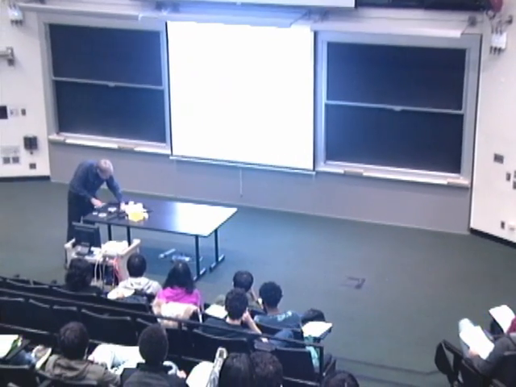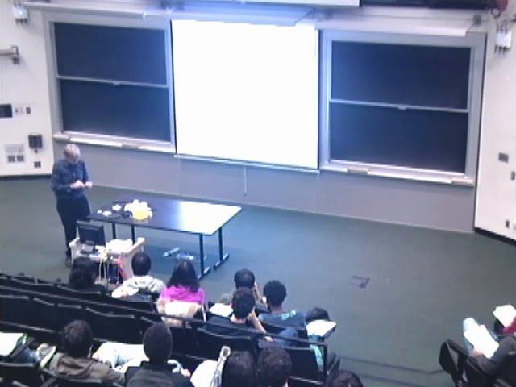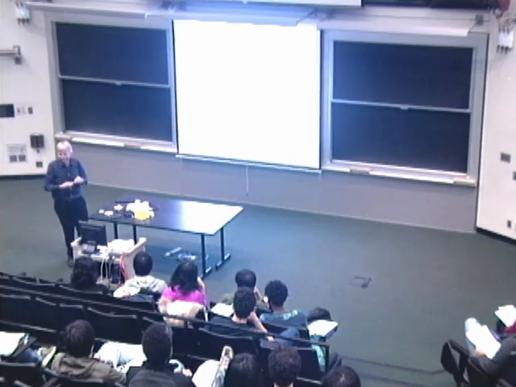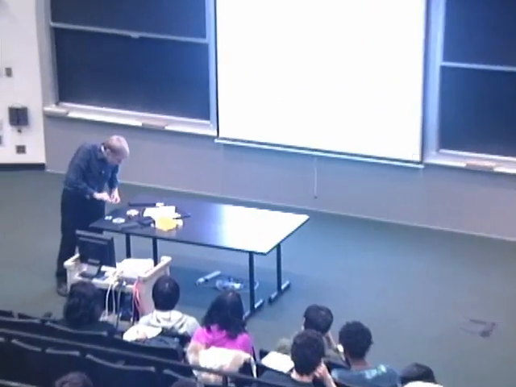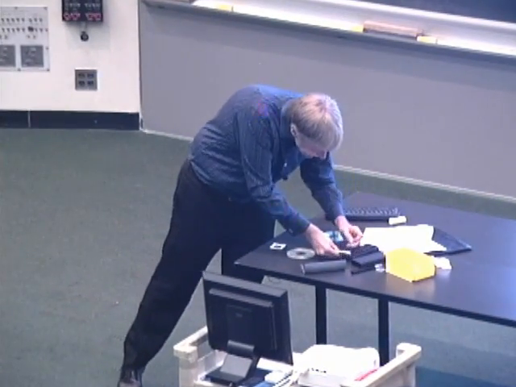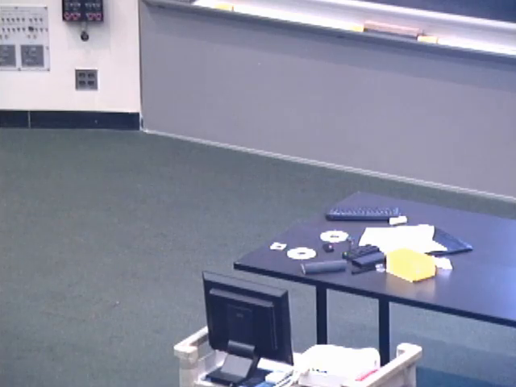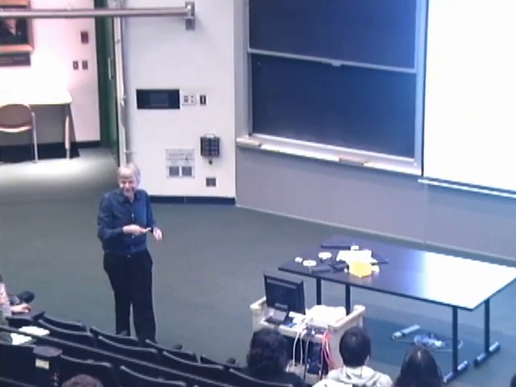Or if I'm more chintzy, now I can circle things, right? Not sure why I would want to do that, but in case I wanted to, I can do it. If I wanted to underline things, I guess, I'm not sure, right?